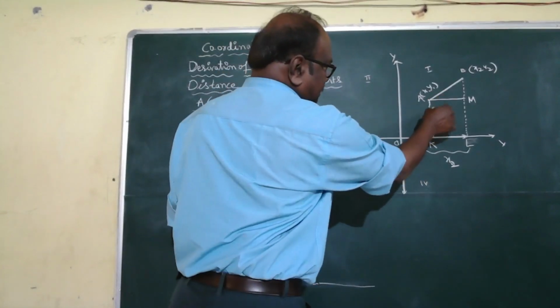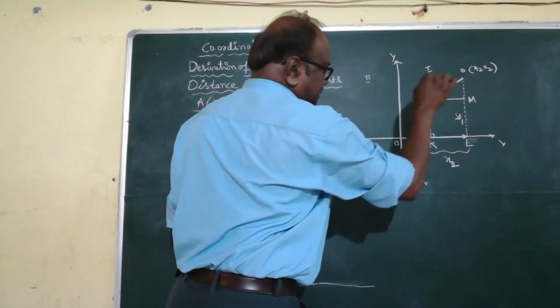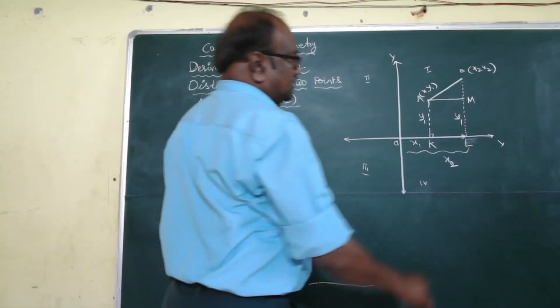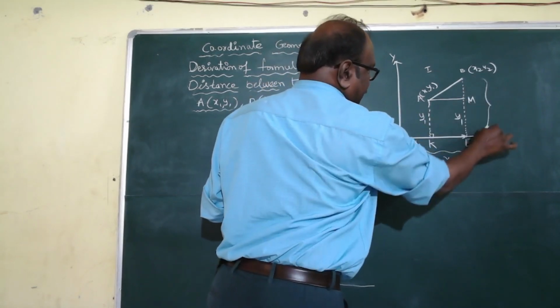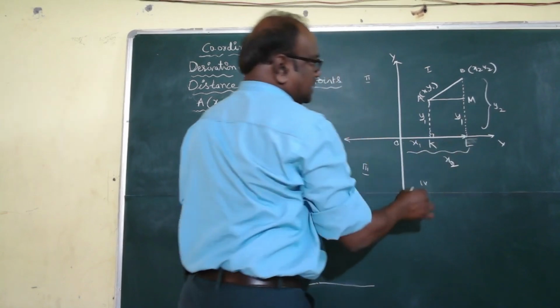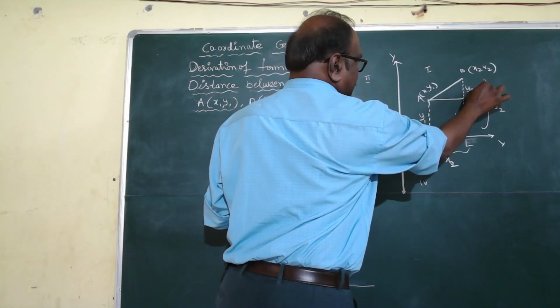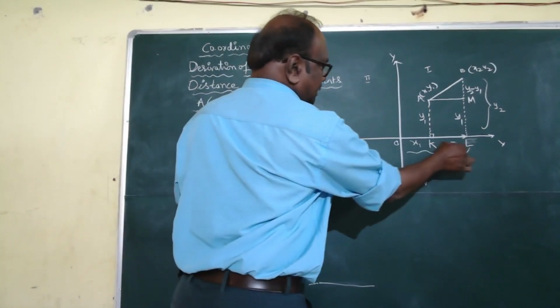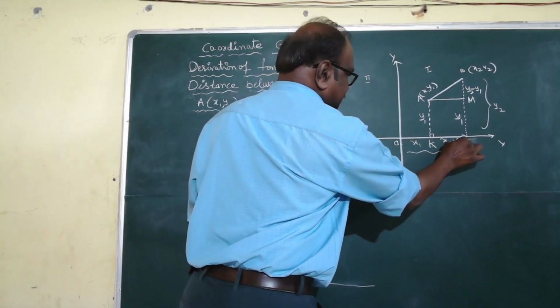So here AK is y1, so LM also becomes y1. Now the total BL is y2. So from this you can see that BM is equal to y2 minus y1, and KL is equal to OL minus OK, that is x2 minus x1.